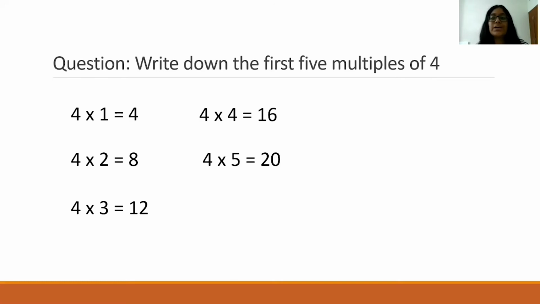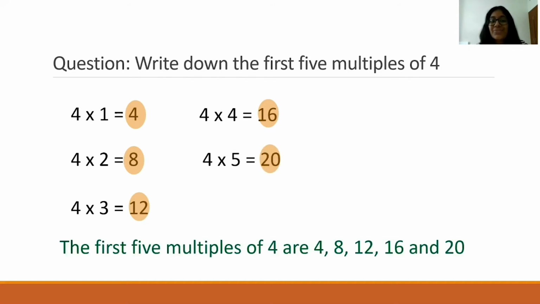And 4 multiplied by 5 is 20. So what are the multiples? The multiples are 4, 8, 12, 16, and 20. So the first 5 multiples of 4 are 4, 8, 12, 16, and 20.